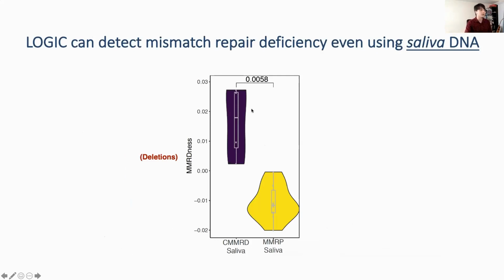We were able to find that CMMRD individuals had increased MMRDness scores, even using saliva, compared to the control. This was a pilot study, and we are openly requesting more samples. If you'd like to collaborate with us on this project, please contact us after. So this shows how even a non-invasive test like saliva can detect CMMRD in these individuals.